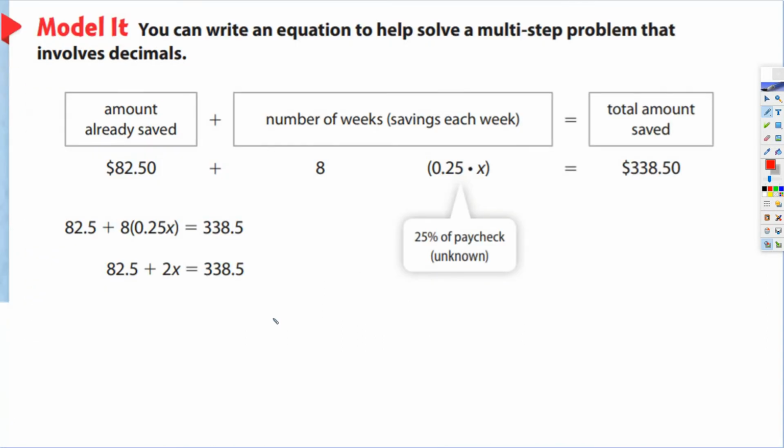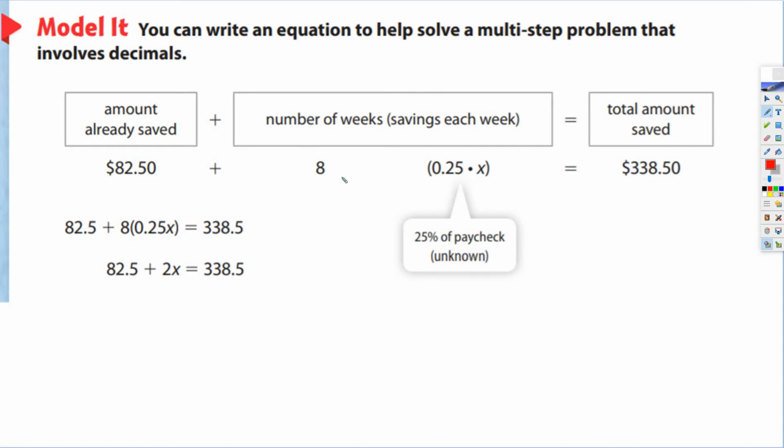Let's model it this way. You can write an equation to help solve multi-step problems that involve decimals. So the amount already saved is $82.50 plus the number of weeks, 8 weeks, times the 0.25. That's 25% of the paycheck, and we don't know how much she made, because that's what we're looking for, equals $338.50.